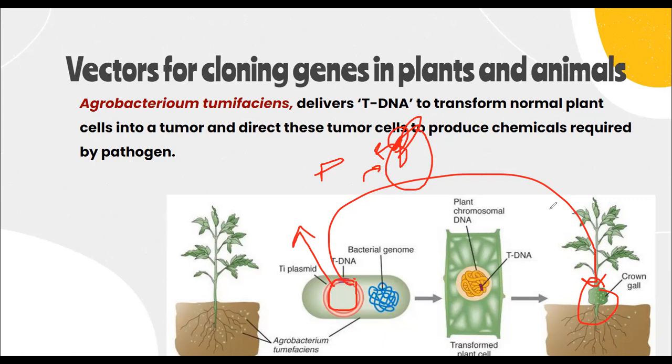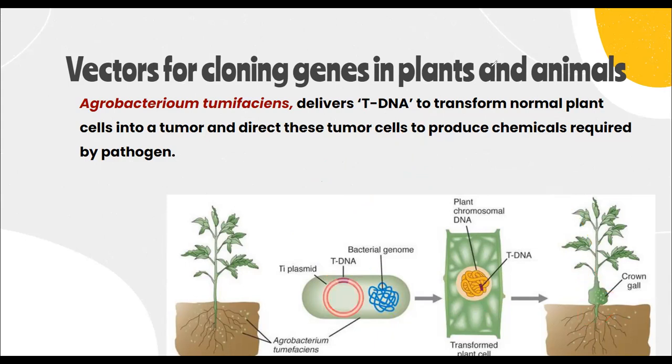Anything. Let's say you want good quality crops, or you want a crop resistant to a particular specific disease, or you want a good yield crop. So your desired gene can be inserted in this place, wherein the pathogenic gene is removed, and then this can be inserted into the bacterium, which is naturally capable of infecting or moving to plants.